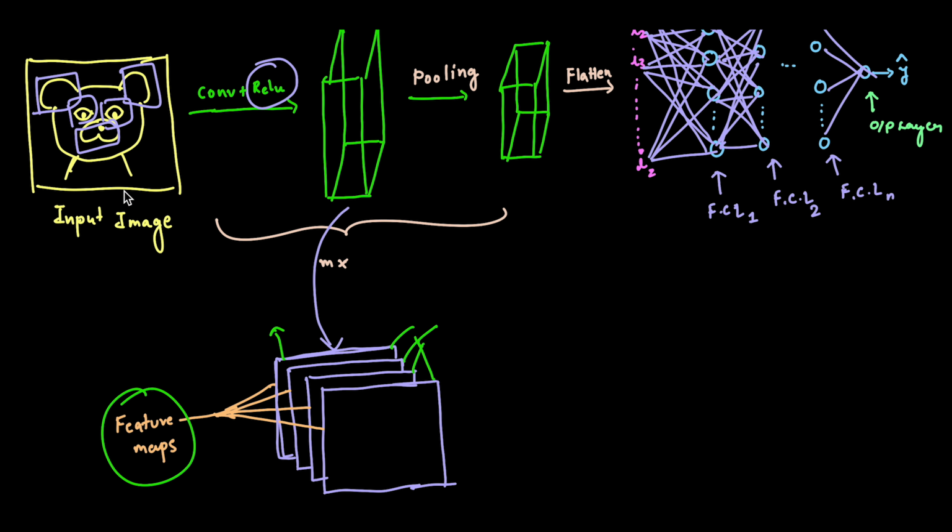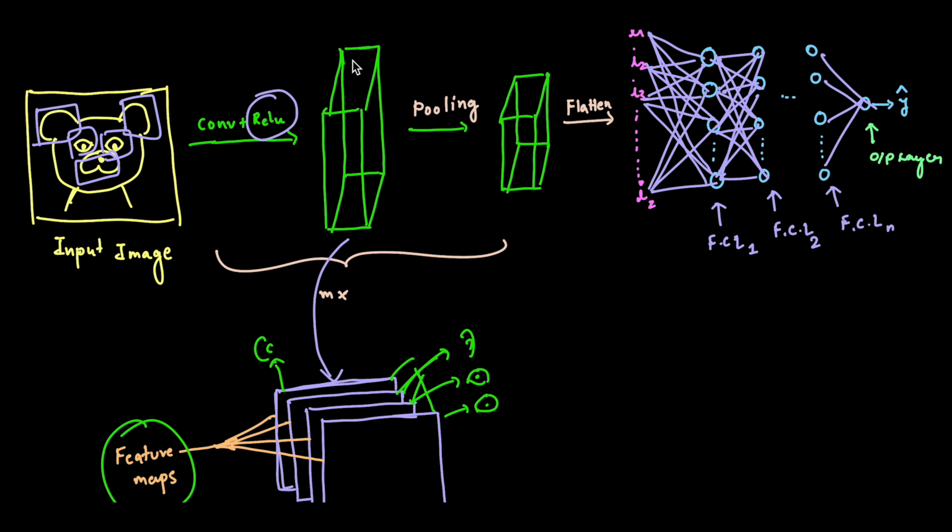So here you can think this is related to the left ear, and this is related to the right ear, and the other one is related to the left eye, and the other one is related to the right eye. Like that, for all the individual features in this input image, we'll be having such feature maps. After applying convolution, we'll be having all of these feature maps, and how these particular feature maps are getting calculated, maybe we'll discuss in the next video.